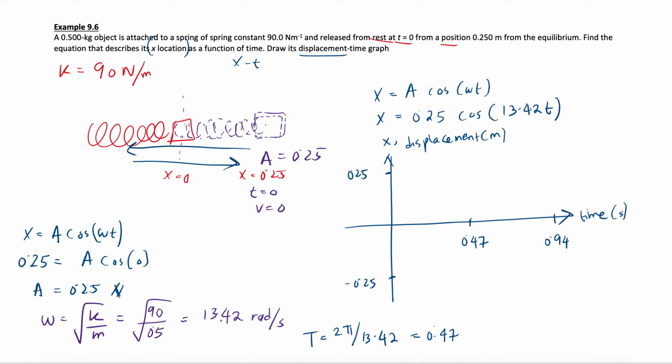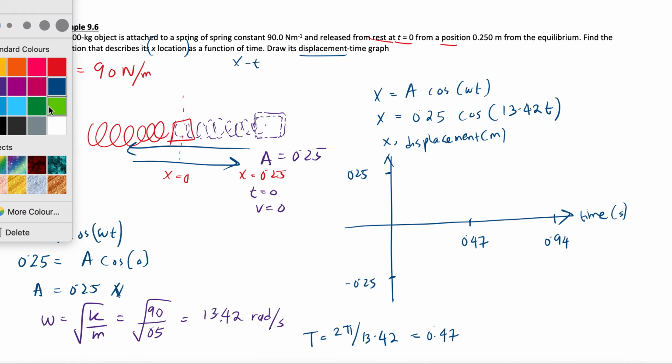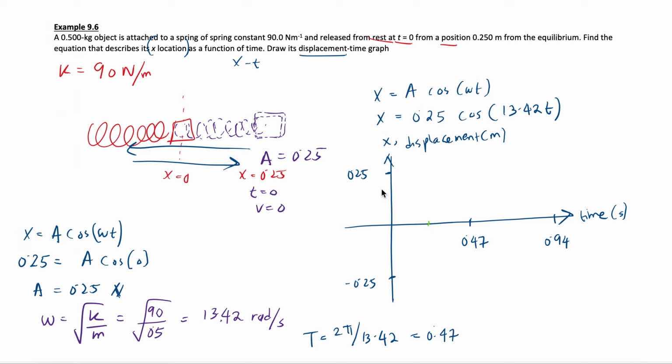Now I want to plot my cosine. Use a different color. Let me use green. Kat sini dia akan separuh, kat sini dia akan jadi negatif. Macam tu. Okay, this is how I try to plot my cosines.